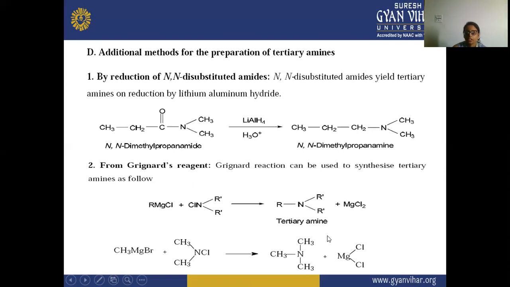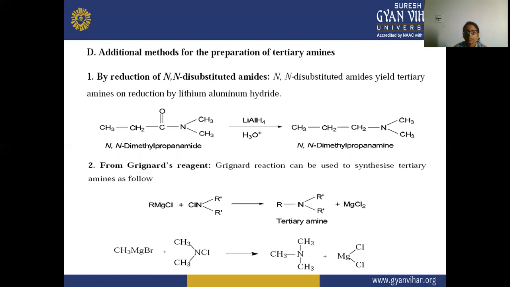Next is the method for the preparation of tertiary amine, by the reduction of N,N-disubstituted amides. The N,N-disubstituted amides yield tertiary amines on reduction by lithium aluminium hydride.